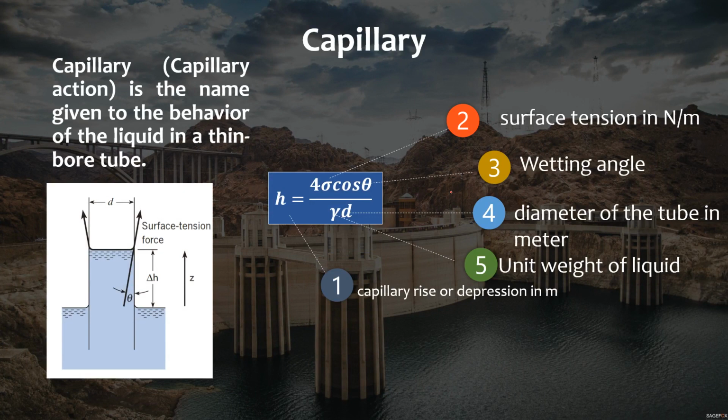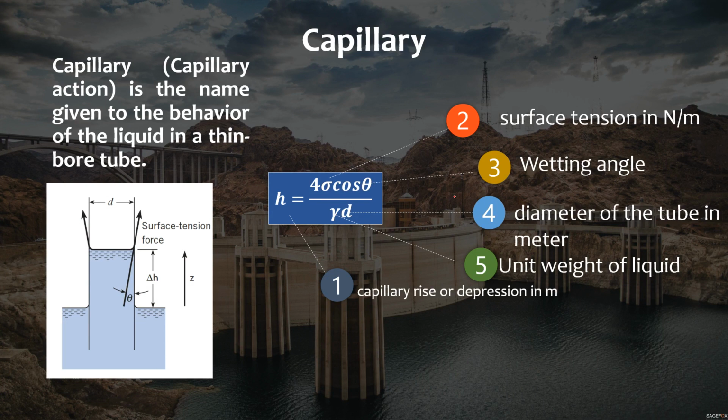So to compute that capillary rise on the tube or any material that we put here with the specific diameter, we use this equation considering the effects of surface tension. So the capillary rise is equal to 4 sigma cos theta all over gamma d.